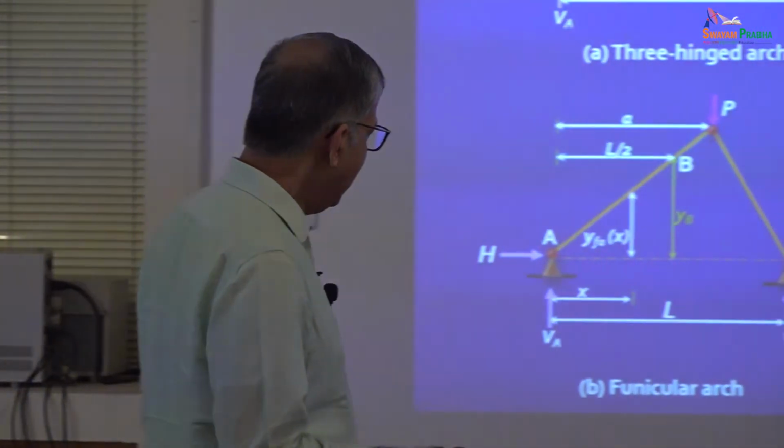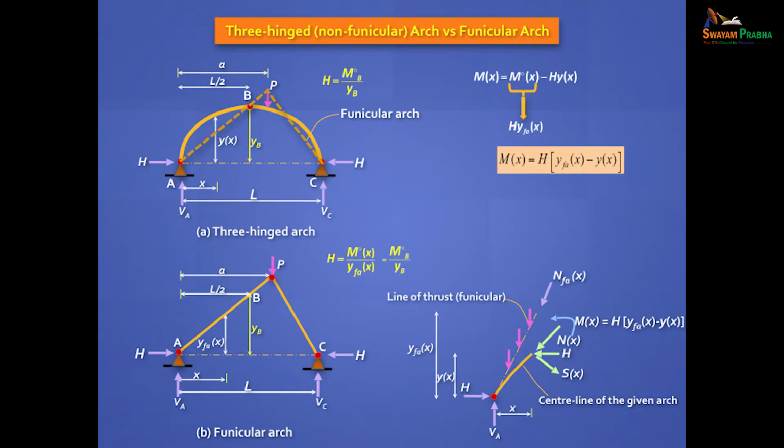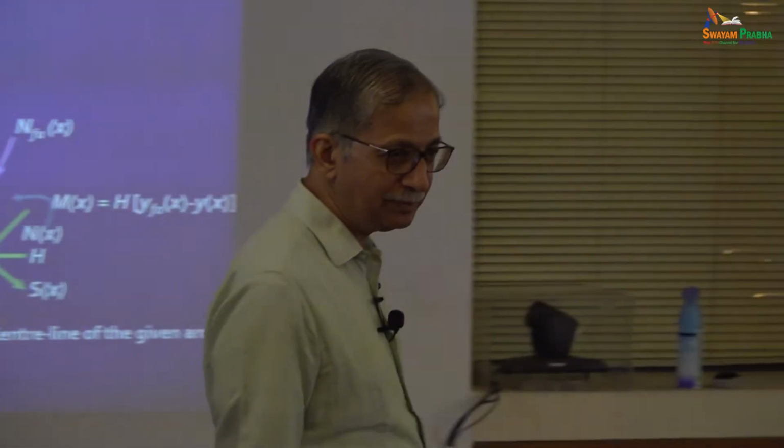But more interesting, if you had given a funicular arch, you would have got only an axial force in the arch, which is compressive. No bending moment, no shear force.